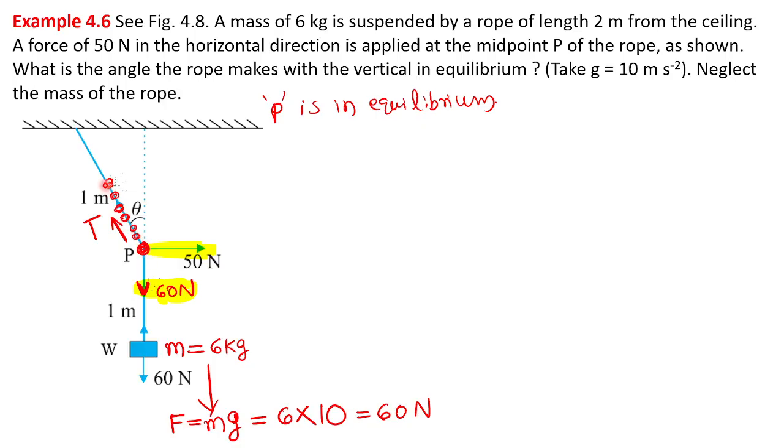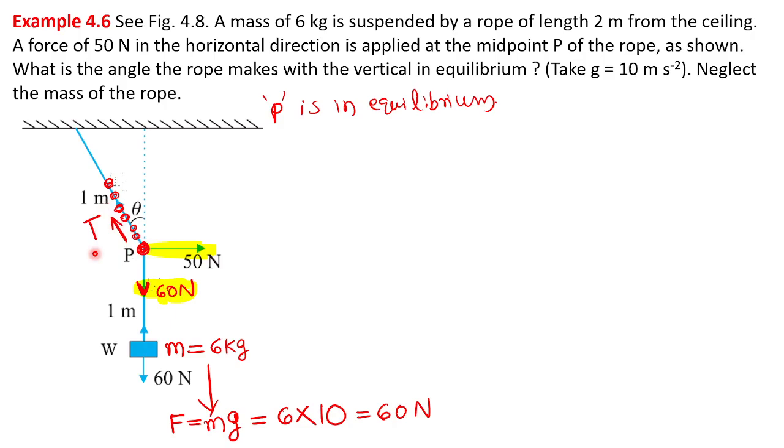Each molecule is attracted by the others. So P has a tendency to move away from the rope, but the molecules on the left-hand side attract or pull the point P towards the left. So we can say that it is molecular force. The particles on this rope exert a backward force on P so that P is unable to move forward. That backward force is said to be tension.